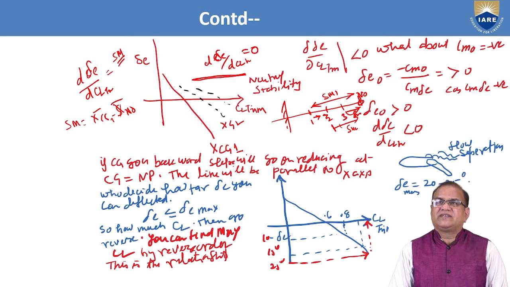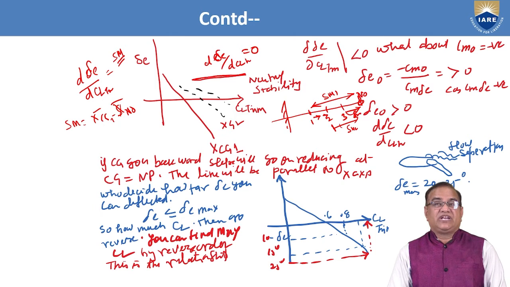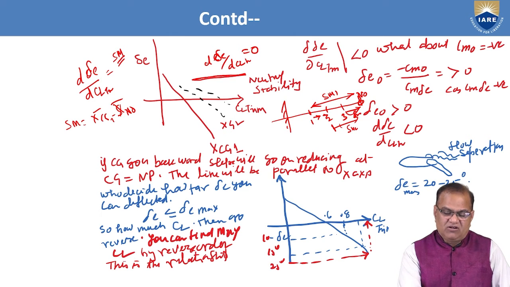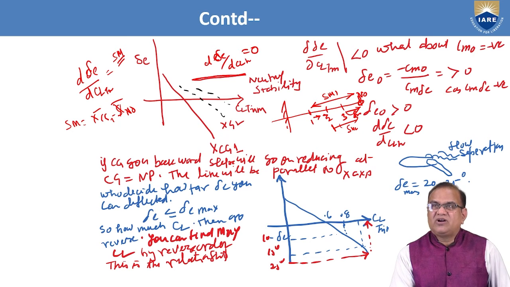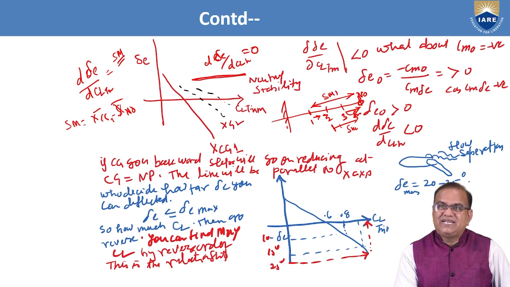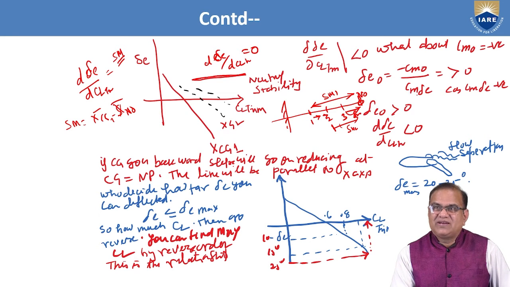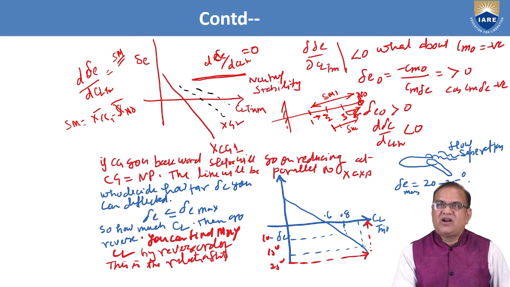But if d delta E by d CL trim is negative, as you have seen in all the plots here, you got the negative, and in this Cm naught is also negative. So now delta E is equal to minus Cm naught by Cm delta E, and it is positive, because Cm naught is negative and this negative is cancelled.